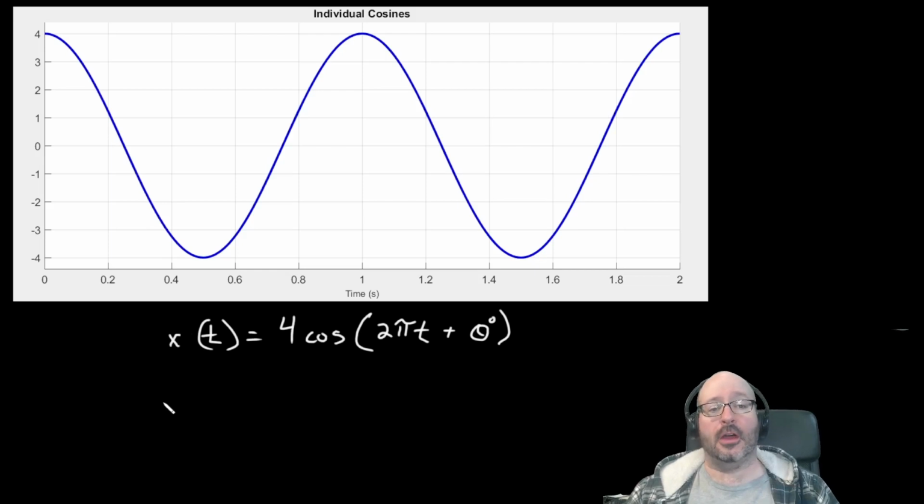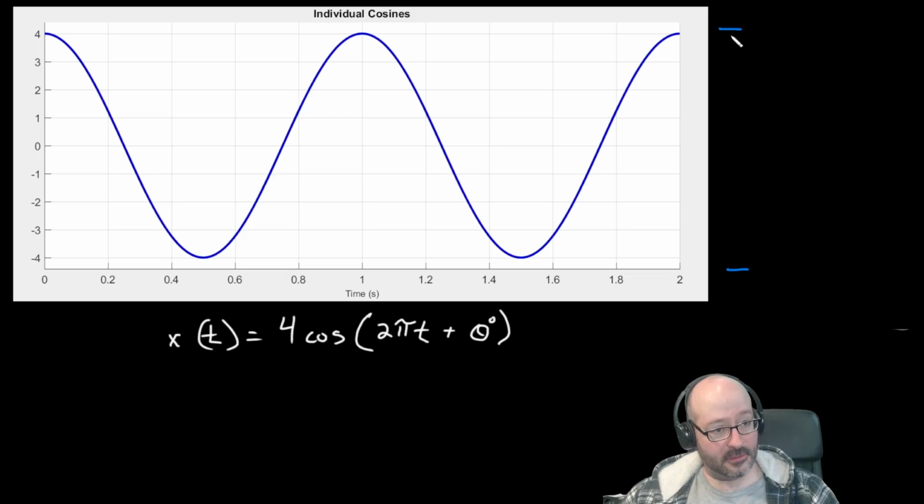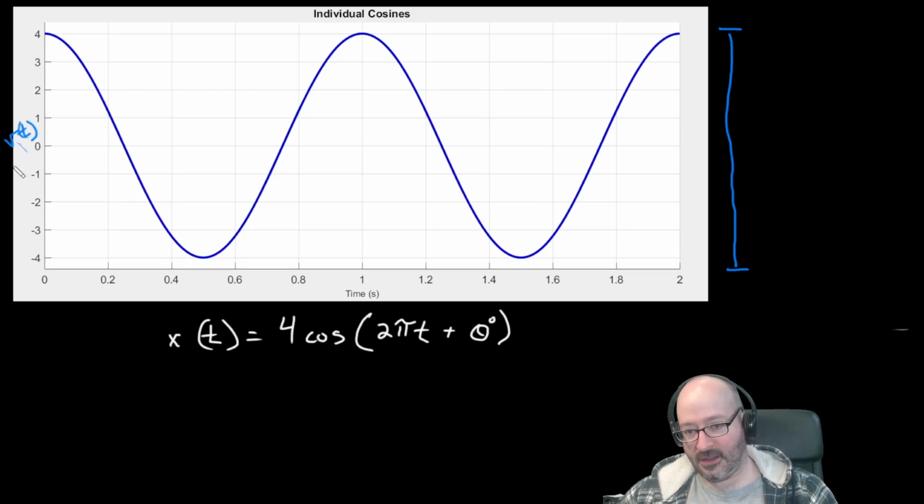All right, so we looked at the vertical scaling a little bit. We can talk about it in terms of peak to peak. Let's call this a voltage, it's just easier to talk about that way. So let's say this is V of t, and the unit is, of course, volts.